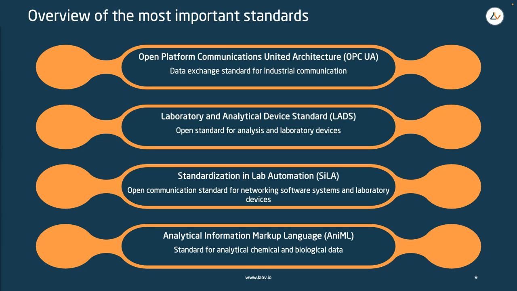This open interface standard is independent of any manufacturer or system provider, completely independent of the programming language in which the software has been developed, and also independent of the operating system. So it helps different machines and devices which originally speak different languages in a factory, for example, to communicate with each other. It's the same thing in a lab as well.